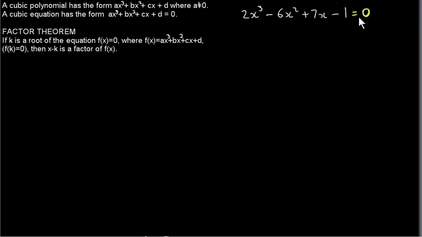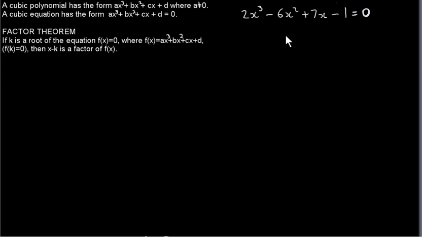Now we're going to be interested in solutions of cubic equations. We're going to be interested in finding the number x which satisfies it. We will find that there are at most 3 roots or solutions of a cubic equation. Actually, the highest power of the equation tells us that there are at most that many roots. So the highest power is 3, so it means that there are at most 3 roots or solutions of a cubic equation.